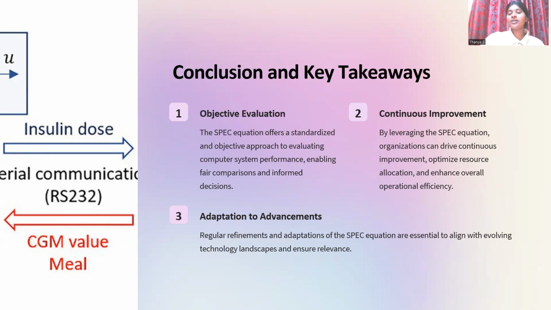By leveraging the spec equation, organizations can drive continuous improvement, optimize resource allocation, and enhance overall operational efficiency. The third one is adaptation to advancements. Regular refinements and adaptations of the spec equation are essential to align with evolving technology landscapes and ensure relevance.